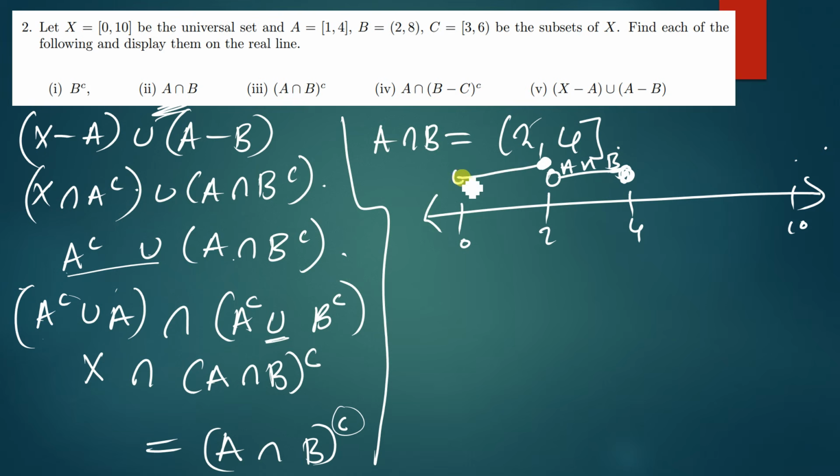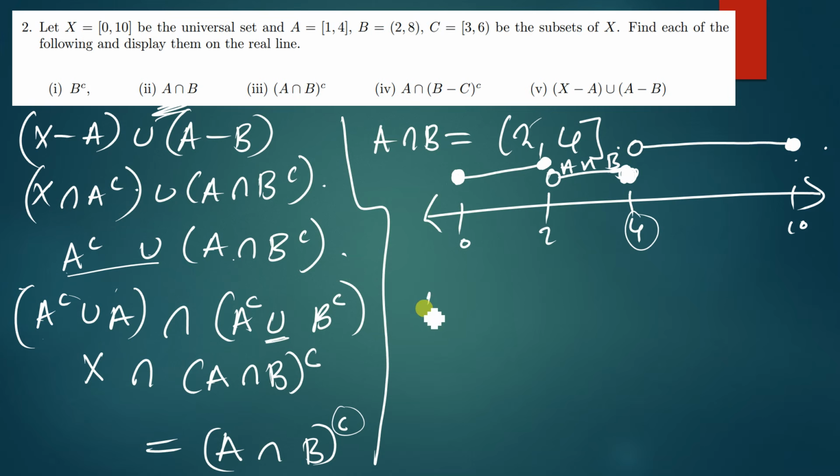Then we draw the line, and when you look at X there, it's also shaded, it's also closed. Then we do the same this side. Since 4 is part of A intersection B, it's not going to be part of the complement, so we open there, then we close there because the universal set is closed at 10.